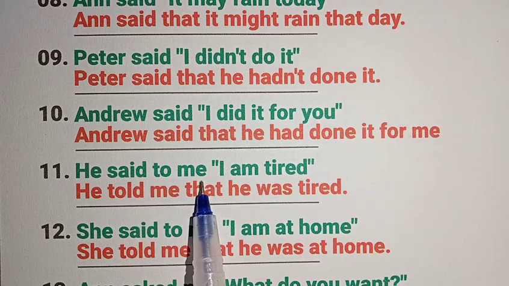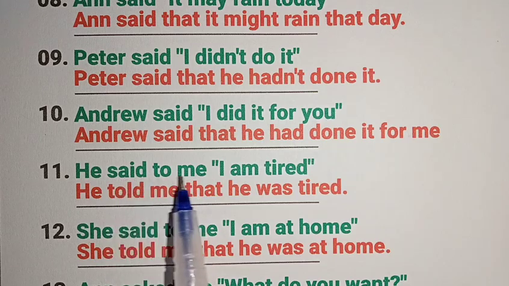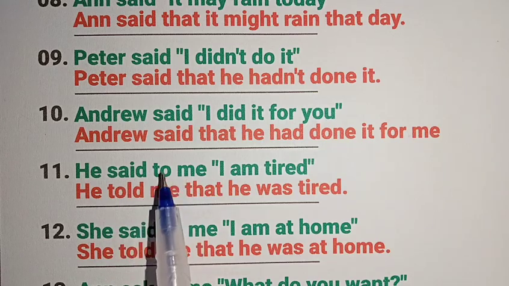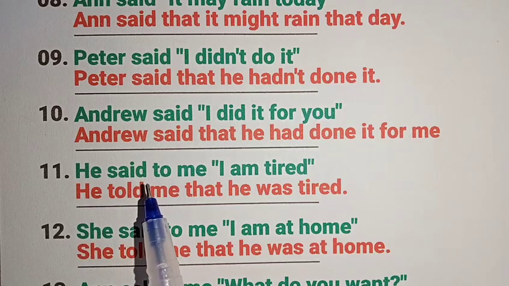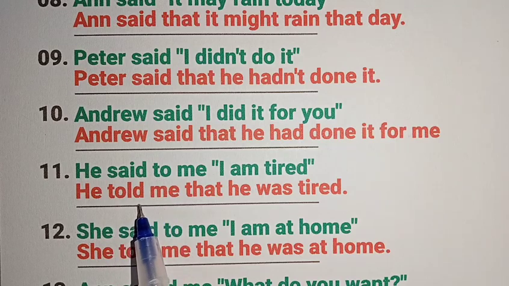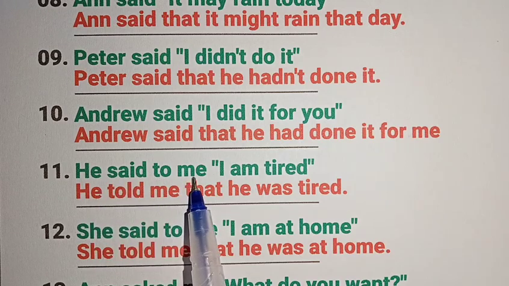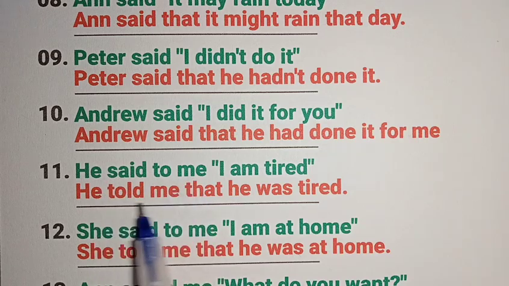Now remember, when we report something like this, we use a different verb. We do not use said to. Instead, we use told. He said to me, he told me.